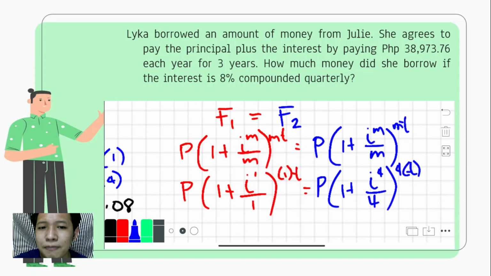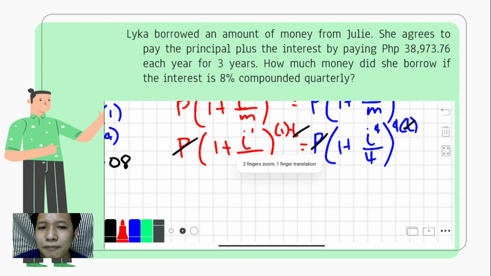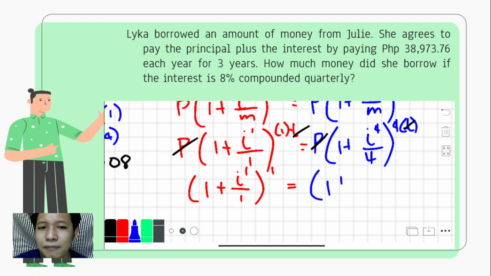And then we cancel out the common factors. So, pwede po natin tanggalin yung t. So we'll be having (1 + i^(1)/1)^1 equals (1 + i^(4)/4)^4.